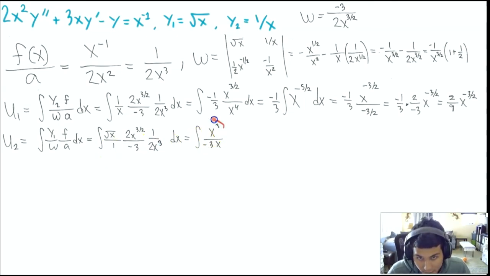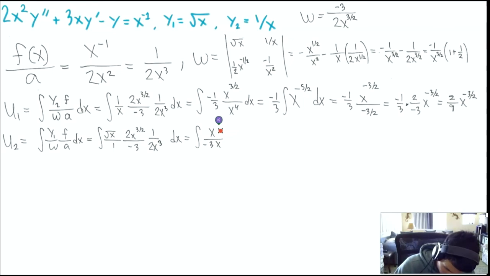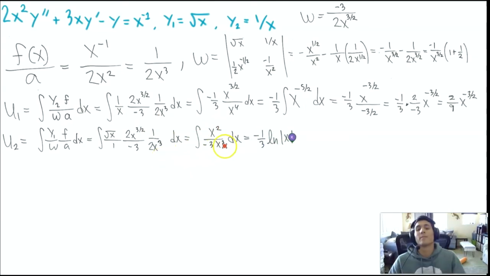And yeah, this is not 3 either. This is 1/2 plus 3/2, which is 4 over 2, which is 2. Now it's correct. Now we can integrate. This is negative 1/3 ln x. Okay, there we go.